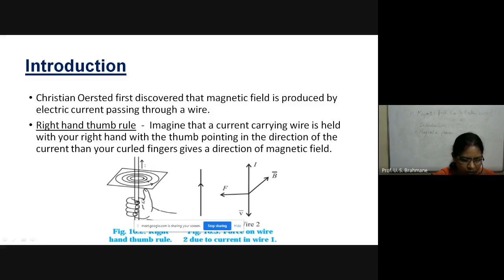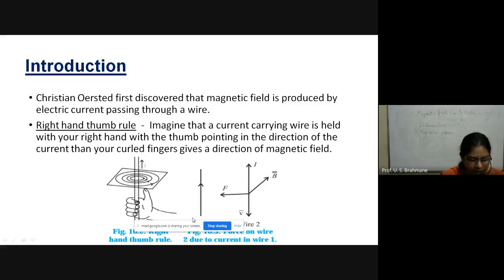If you imagine holding this conductor in your right hand with the thumb showing the direction in which the current is flowing, then the curled fingers give the direction of the magnetic field. This is the right hand thumb rule. I repeat, imagine that a current carrying wire is held with your right hand with the thumb pointing in the direction of the current, then your curled fingers give the direction of the magnetic field.